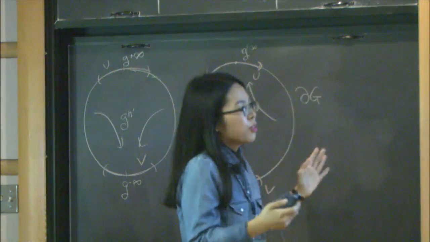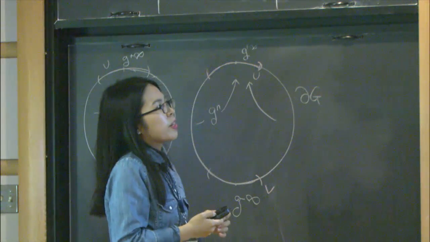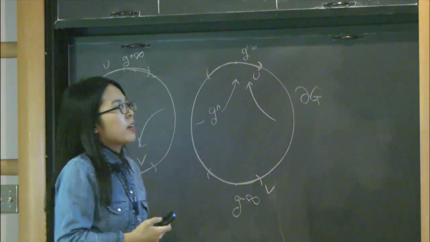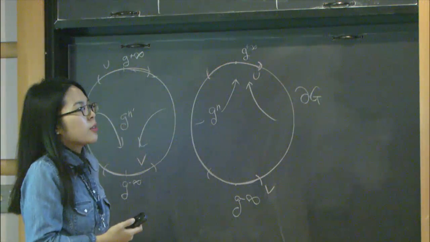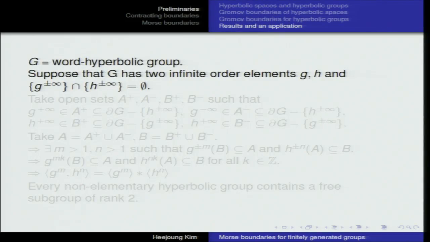So we have two lemmas. Now use that information for our group. Let G be a word hyperbolic group, and now suppose that G has two infinite order elements g and h, and their limit points are distinct. So now I have two pairs of limit points, g plus infinity and g minus infinity, and h plus infinity and h minus infinity.